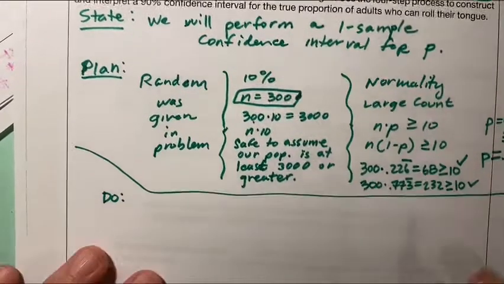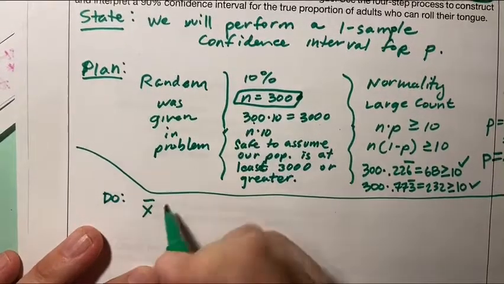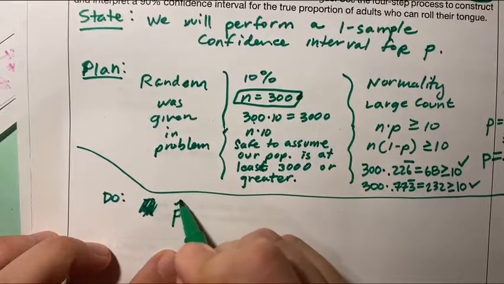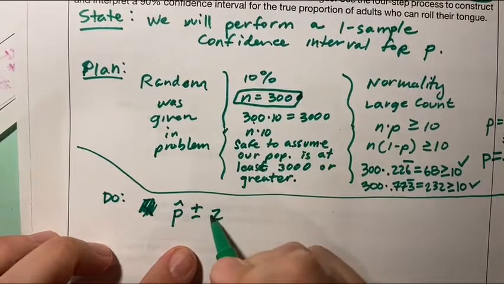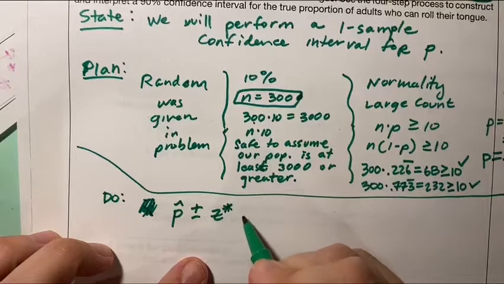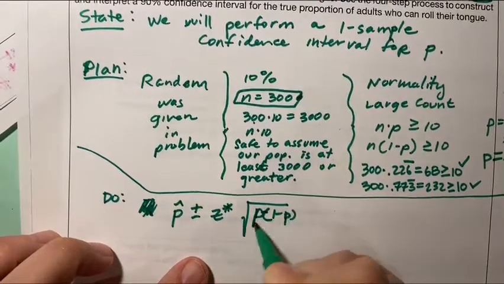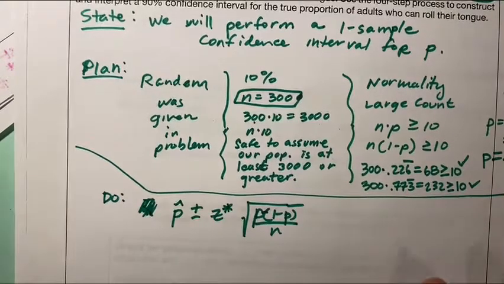So what is my do? Well, to create a confidence interval, if it was X bar, but it's not, it's our P hat plus or minus Z star times the standard deviation, P times 1 minus P all over N. That's our formula.